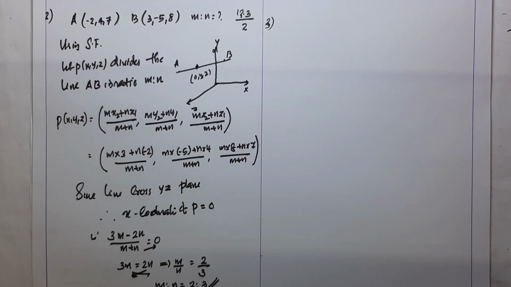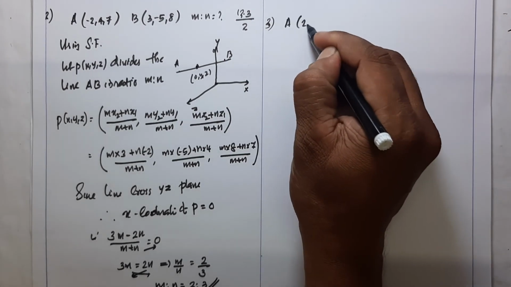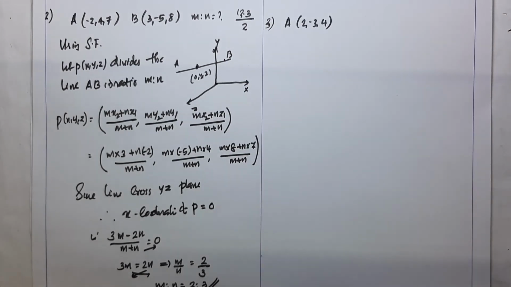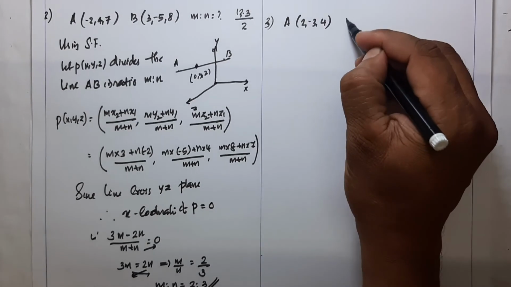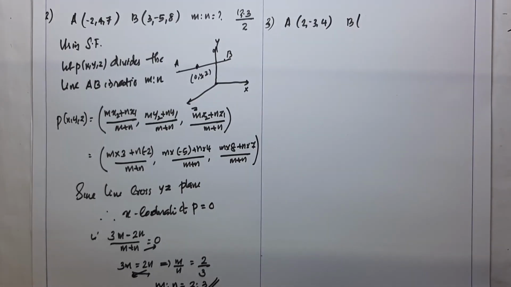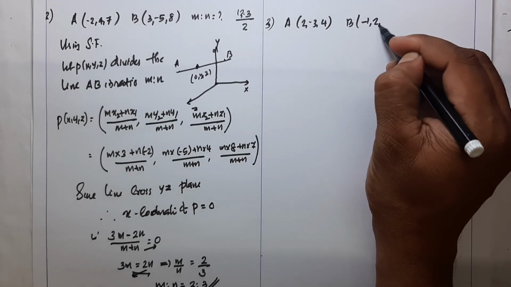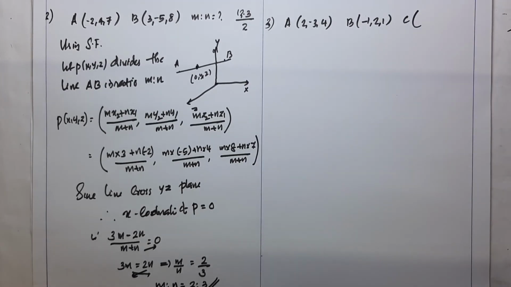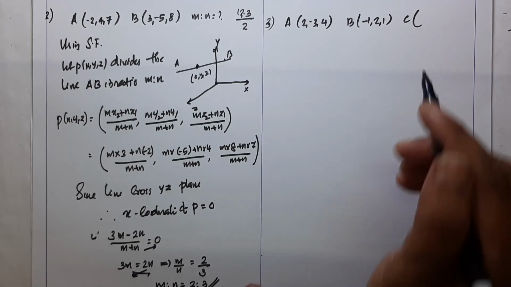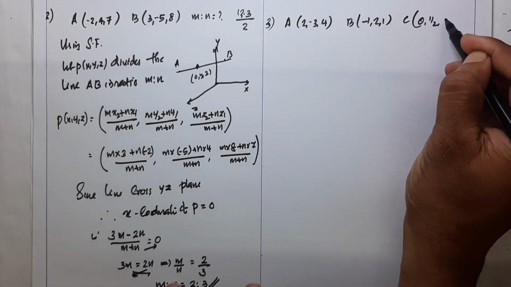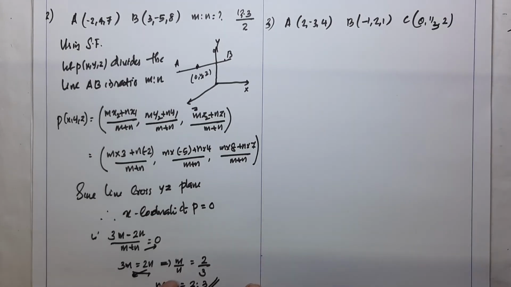Question: prove that A(2, -3, 4), B(-1, 2, 1), and C(0, 1/3, 2) are collinear using section formula.